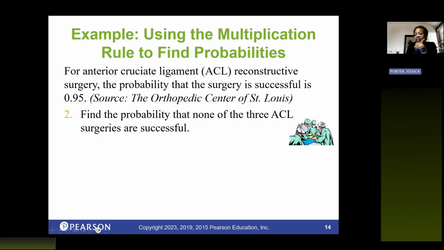All right. Next, find the probability that none of the 3 ACL surgeries are successful. What will we be multiplying together in this case? None of them are successful. For one not to be successful, it will be 0.05.